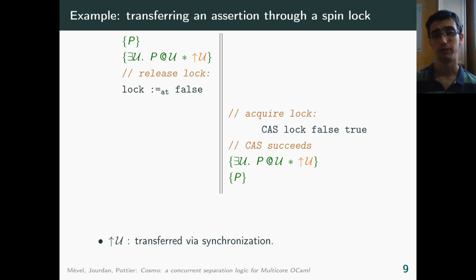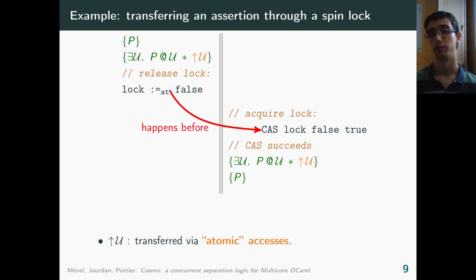What Multicore OCaml gives us is a happens-before relationship from the release write to the acquire read. So instead of adding a new primitive to the language, Multicore OCaml made the choice of performing release-acquire synchronization on atomic accesses. And we need to reflect this in our program logic, and we do so by extending the atomic points-to predicates.